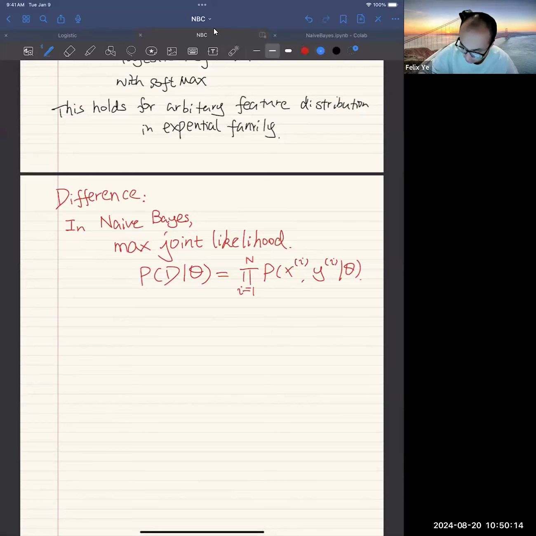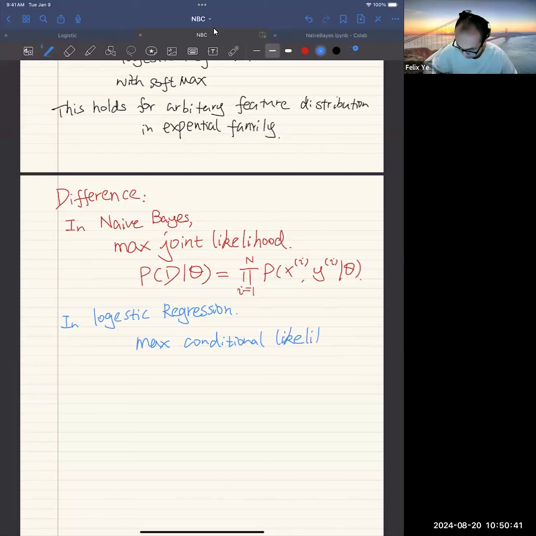But in logistic regressions, we are actually not maximizing the joint likelihood. We are maximizing the conditional likelihood. So what is that?